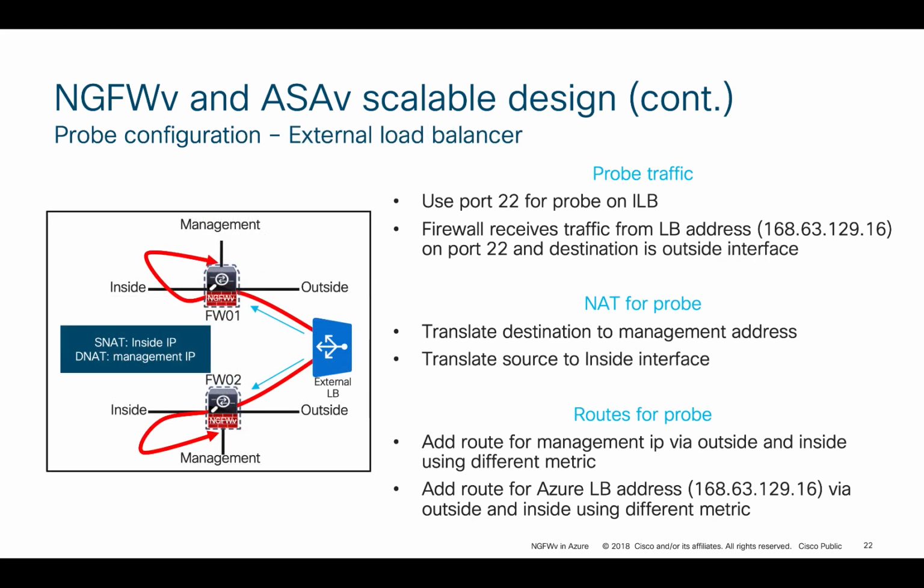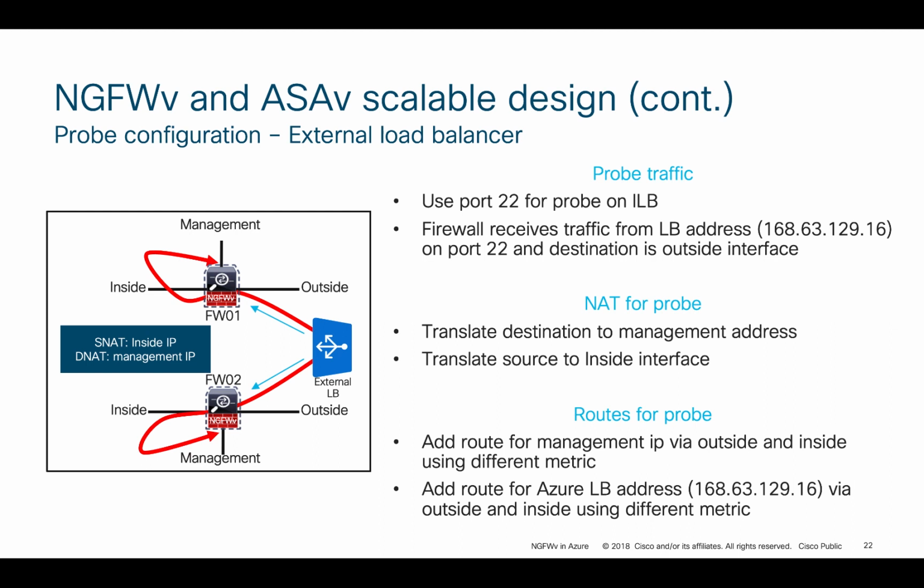A similar kind of probe is available for the external load balancer as well. Here we send traffic to the outside interface on port 22, then to the inside interface. We source NAT our packet to the inside interface, and the destination is translated to the management IP. Again, we are catching traffic from the IP address of that load balancer, which is 168.63.129.16.